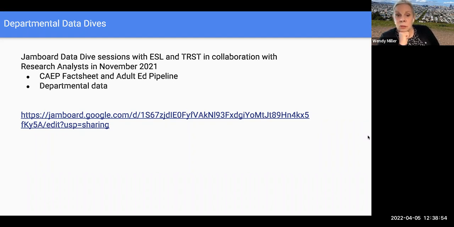And transitional studies, which is our high school completion program. We scheduled separate data dive sessions where the chairs and groups of faculty attended. And we looked at data compared, and I stole the Jamboard from Blair from something she had prepared earlier.